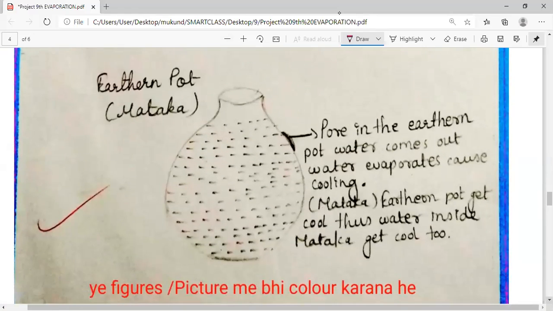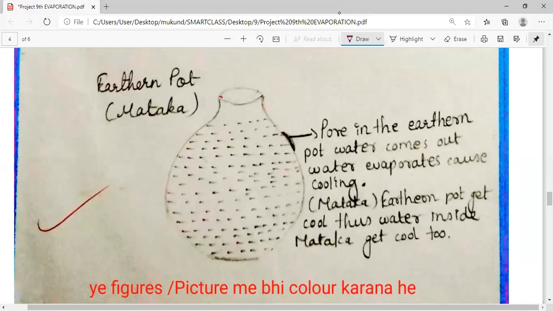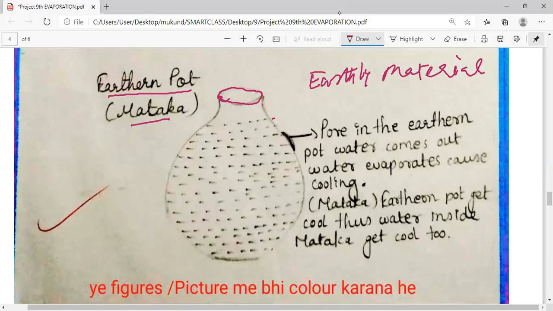Then, my dear students, here we want to study something that is our matka. This matka is what we use in our house for making the water cool during the summer. In English, it is known as the earthen pot, or we call it matka. Now what happens, this matka is made up of earthly material, and that is why we call it earthen pot.